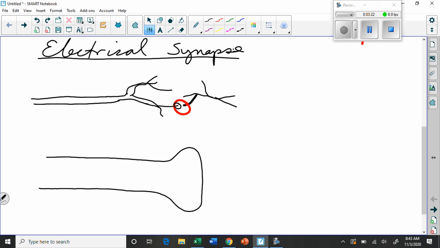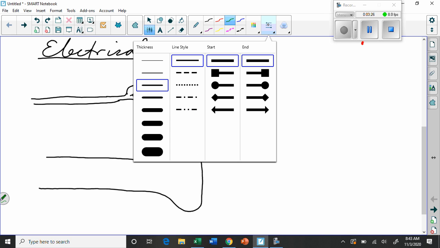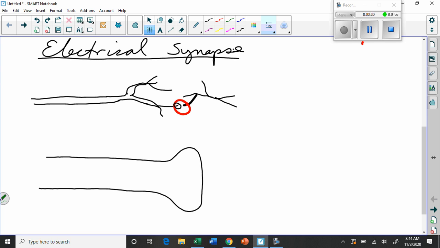And then I'm going to take a different color just for clarity, and we're going to draw another membrane very, very close, essentially touching. This is the membrane of this little guy, the dendrite. So there's the connection. And then there are the membranes themselves.